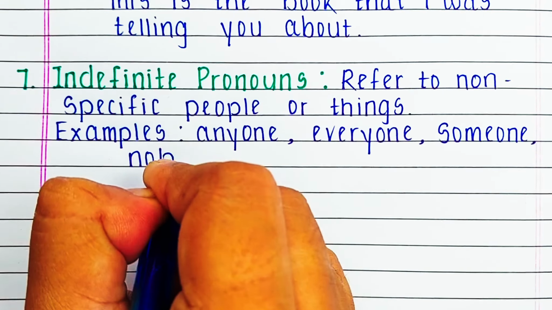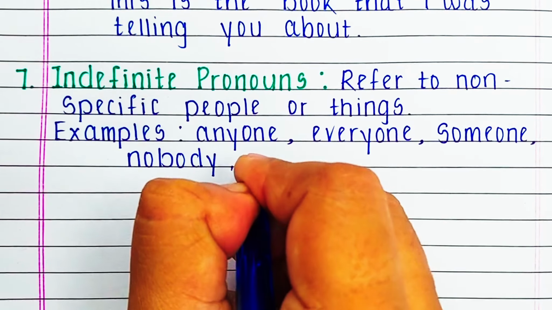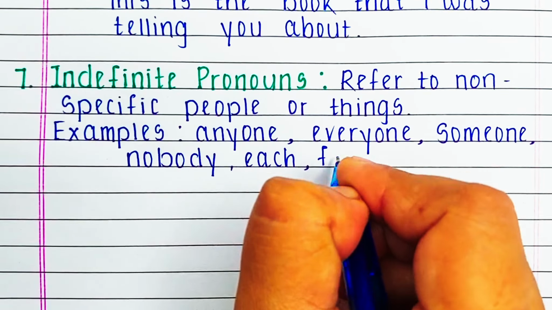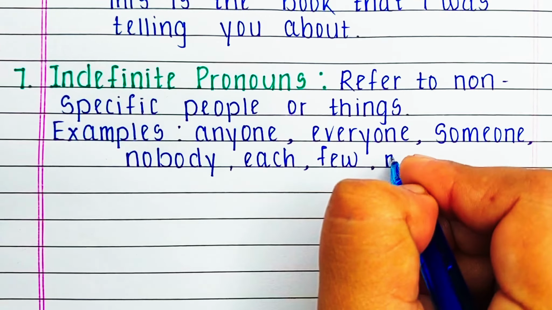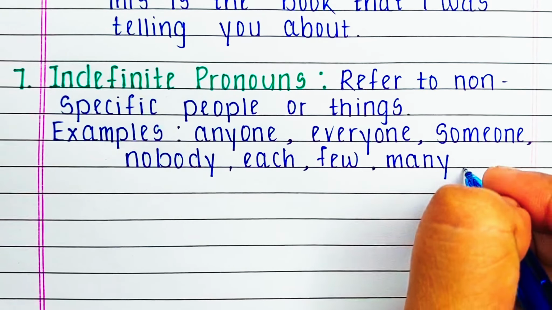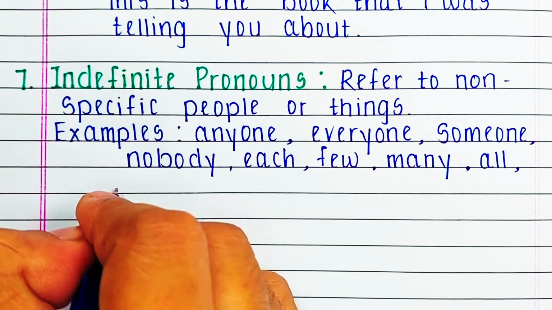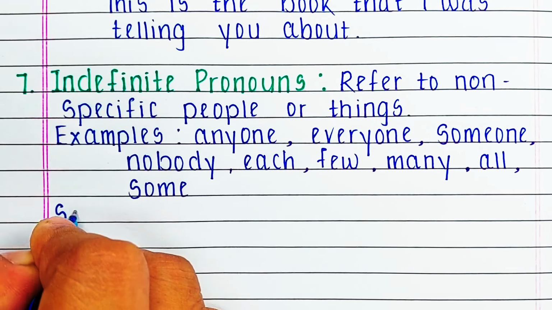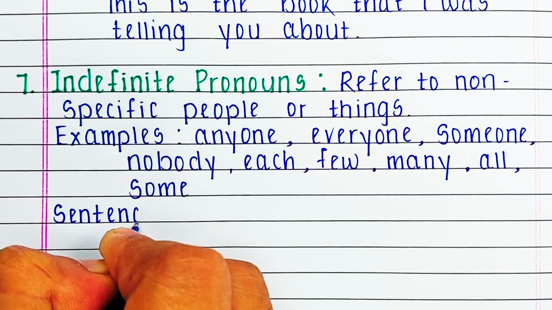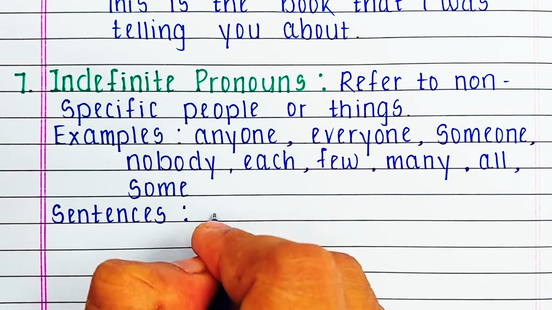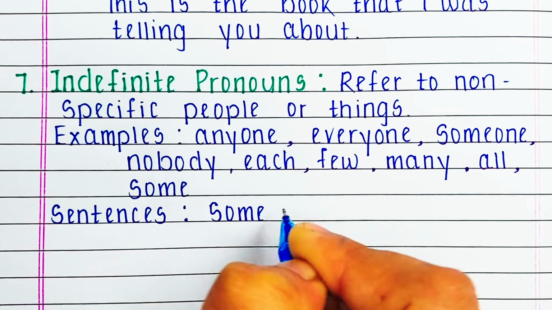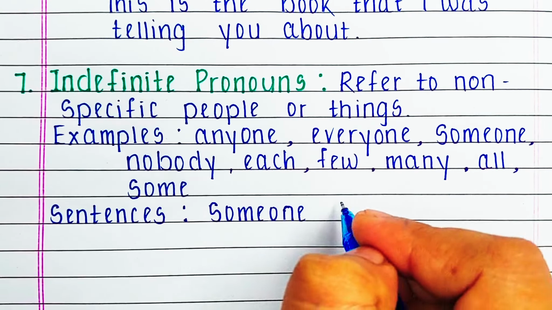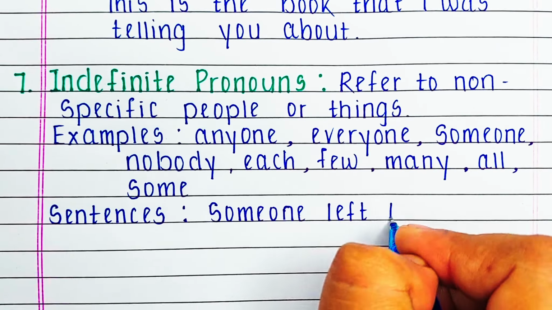For example, anyone, everyone, someone, nobody, each, few, many, all, some, etc. Now, let's understand this with the help of some examples.